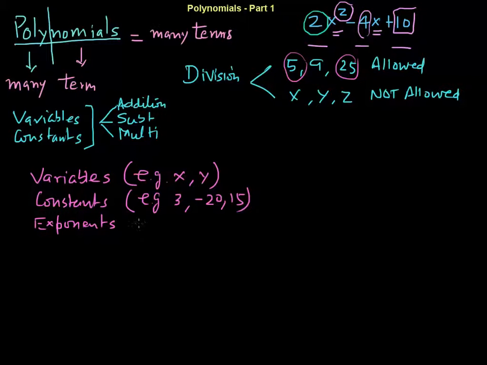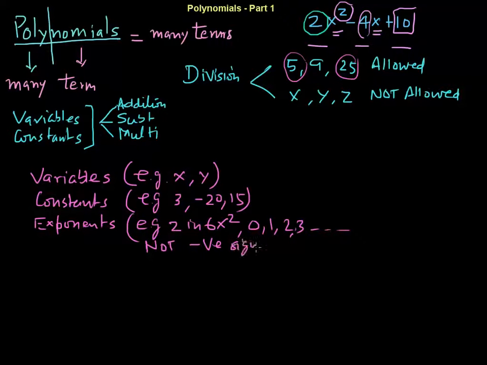Exponents could be any number, like 2 in 6x to the power 2. That's possible, but there's a condition that it has to be only 0, 1, 2, 3, the whole numbers, and not with a negative sign. I'll talk about why it is allowed and why it is not allowed a little later.